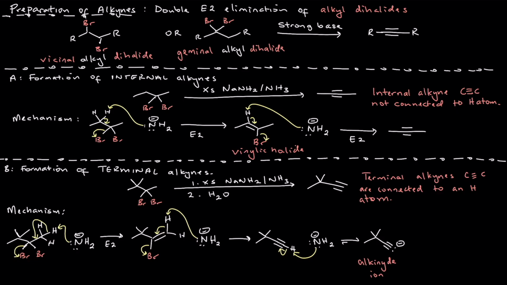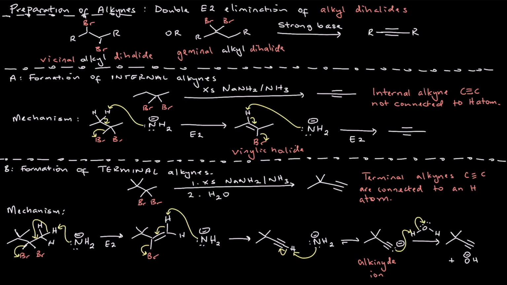But if you really wanted the alkyne, you would then have to, as a second synthetic step, react this alkynide ion with water. In this case, the alkynide ion is going to act as your base, which deprotonates your water to form your alkyne back and then your hydroxide ion.